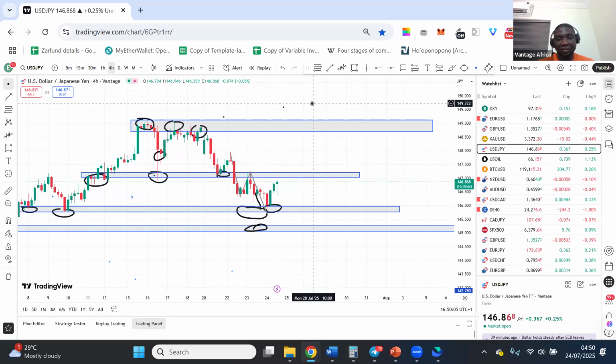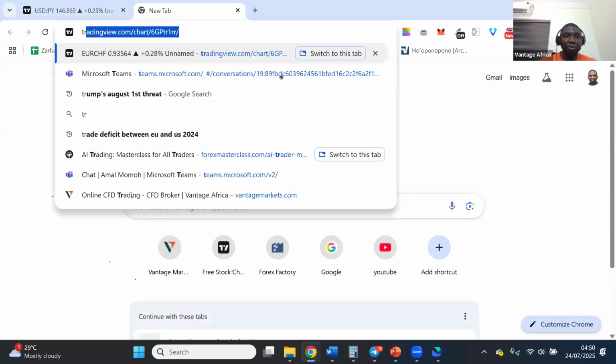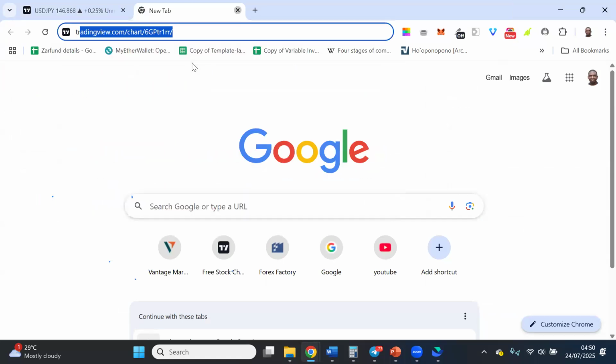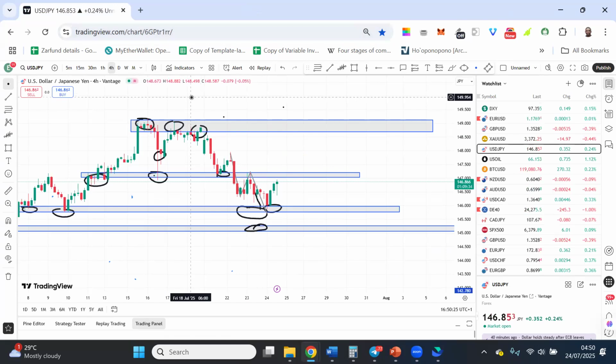But for TradingView, all you need to do is go to your browser and look for tradingview.com. If I open it, I still go back to my chart because I have it open. This is what I have. If you go there, you'll see tradingview.com. So it's either you use TradingView or you use MetaTrader 5. Thank you very much, sir.